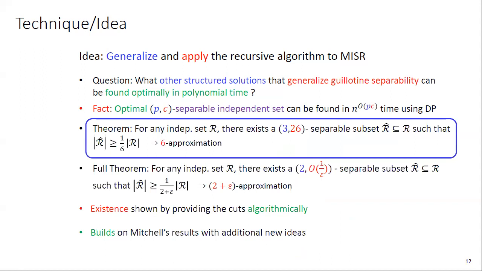And the full theorem, that's why maybe I should explain this epsilon, is that if we use roughly 1 over epsilon sides, we can get a 2 plus epsilon approximation. The number of pieces is not so important actually. 2 or 3, it's roughly the same. Even if we have more than 2, we can still cut one by one.